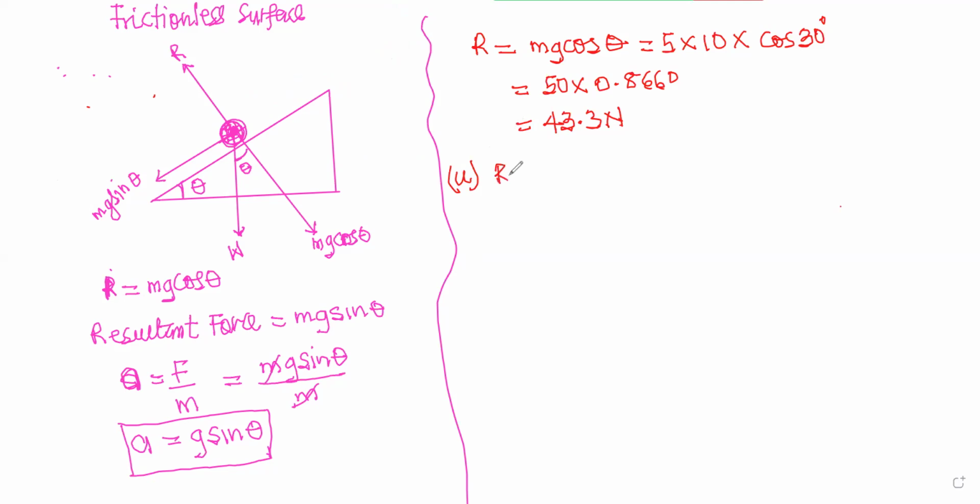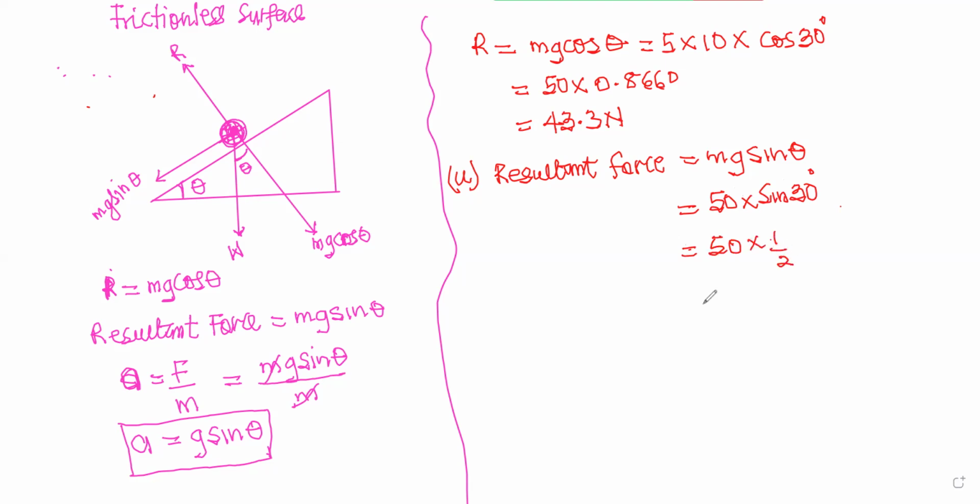So resultant force will be equal to mg sine theta. And this is 50 times sine of 30 degrees. Sine 30 is half. So 50 times half, we have 25 Newton.